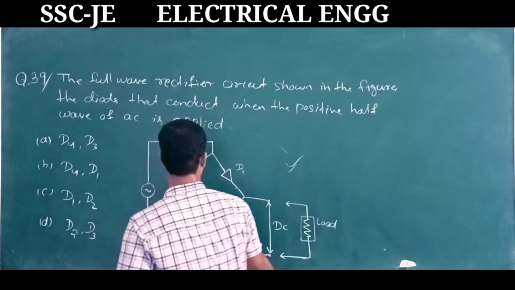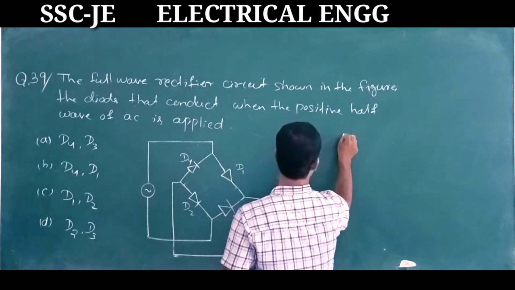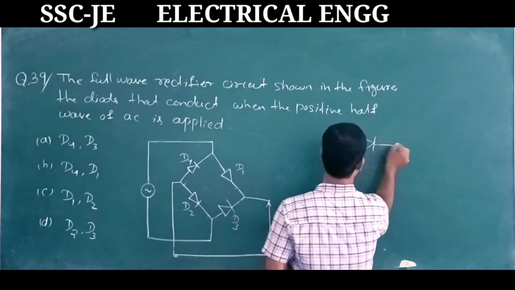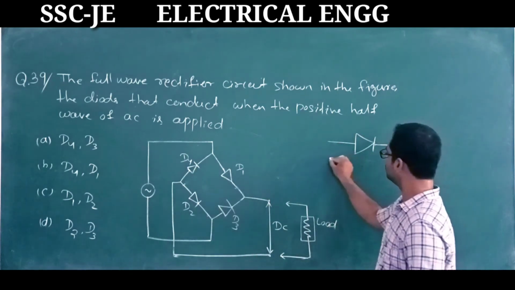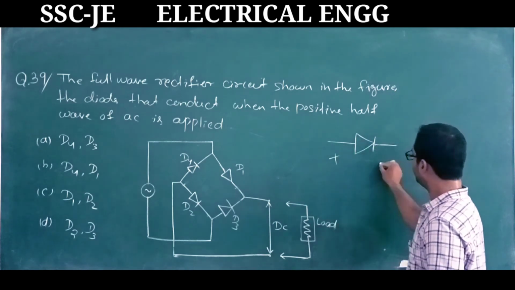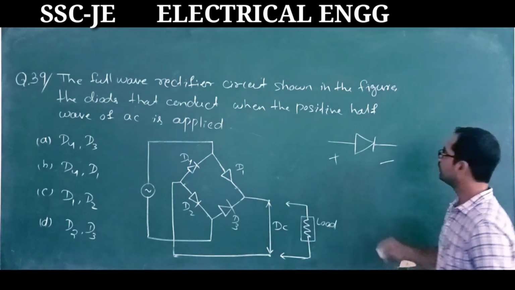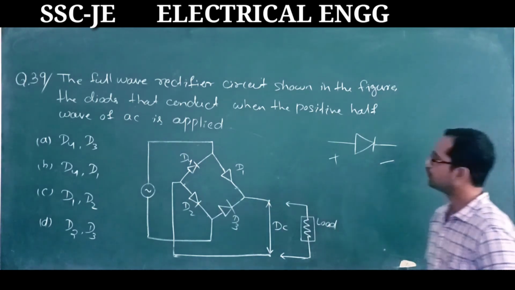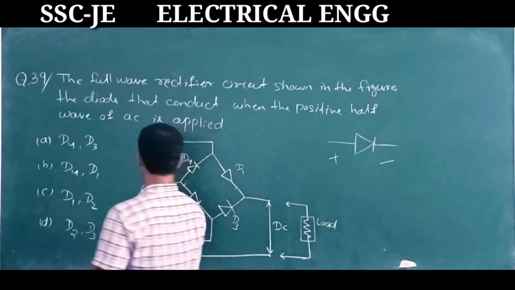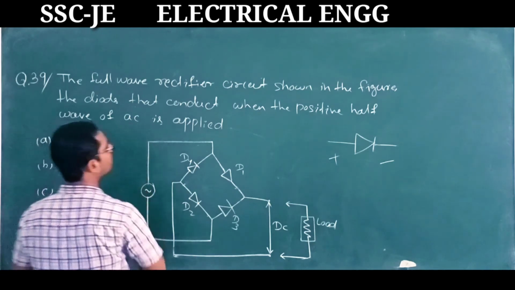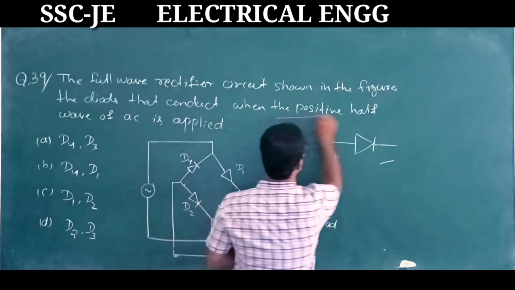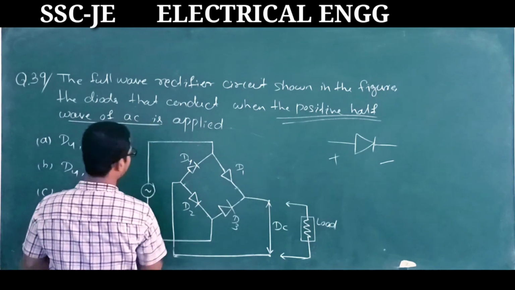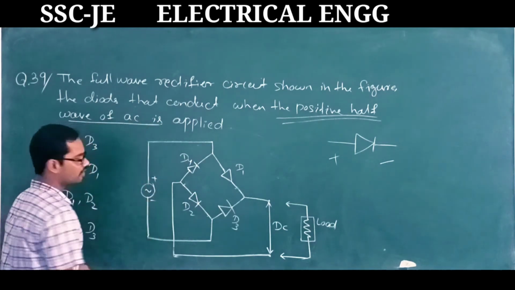So for positive half wave AC, we know that for a diode, if positive supply is given to the positive terminal and negative supply is given to the negative terminal, then only the diode works. So it has said that when it is the positive half cycle of AC applied, that means here it is positive and this is your negative.